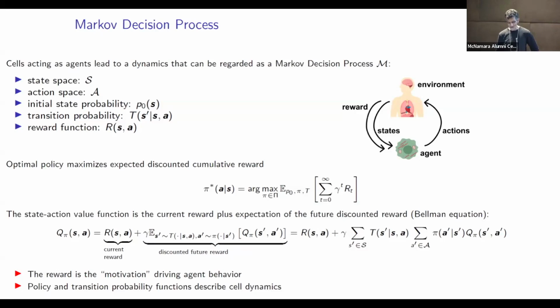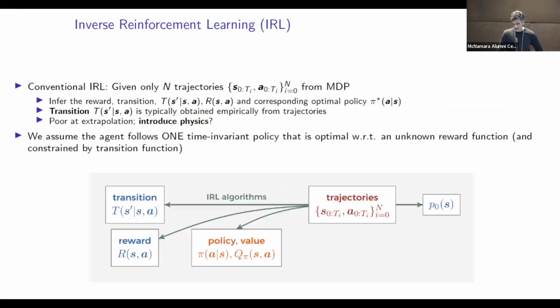All right, which relates the reward to a different idea of value function. Okay, so I'm going to accelerate here to say that we also want to approach this whole problem by looking at inverse reinforcement learning.